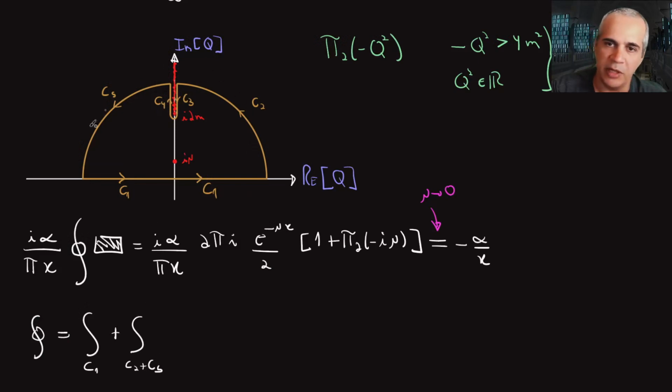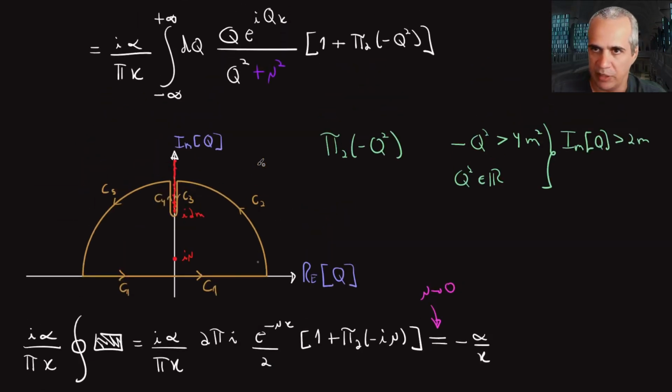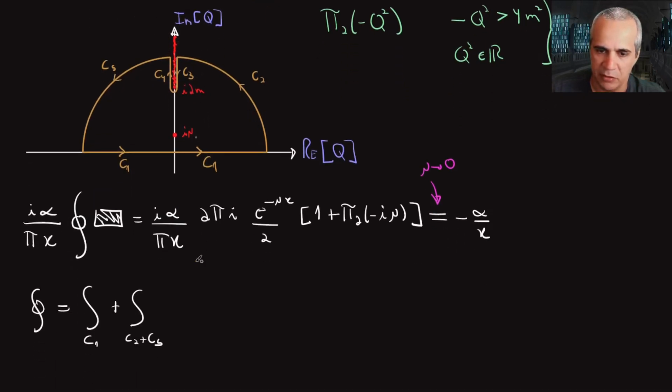But these two integrals are 0, because if you look at the exponential here, it is suppressed for a positive imaginary part of Q. So this contribution will not matter. And of course, there's the integral over C3 and C4, because I have to avoid this branch cut. I have to go around the branch cut.